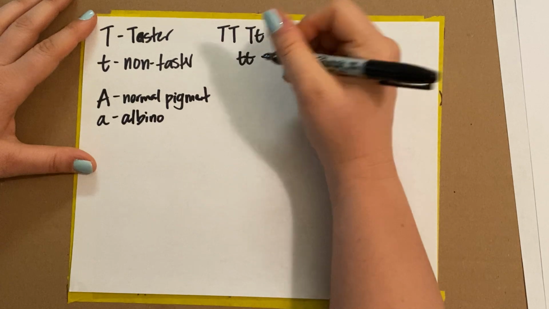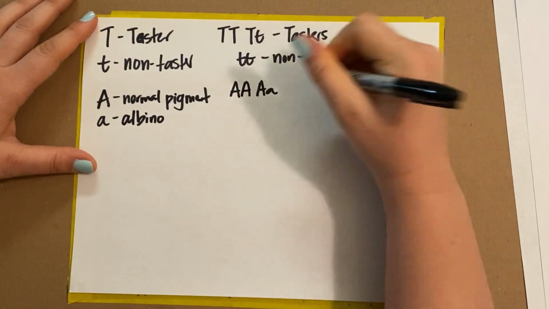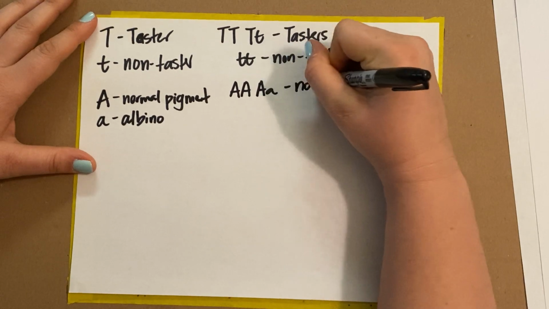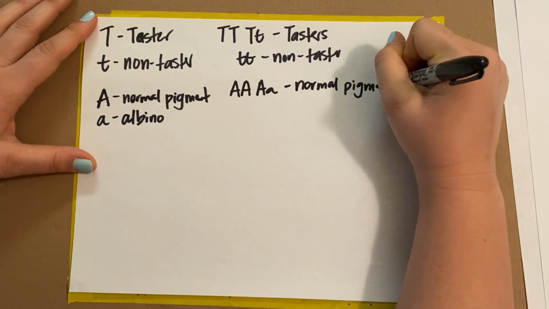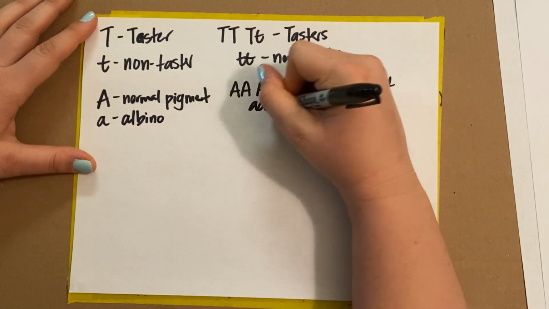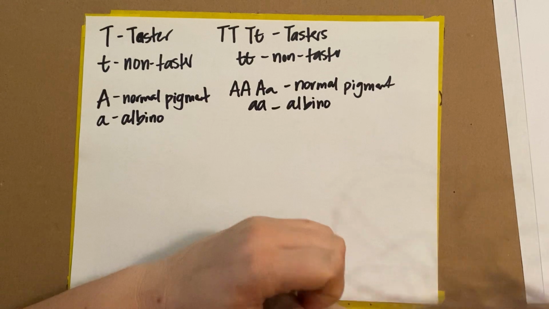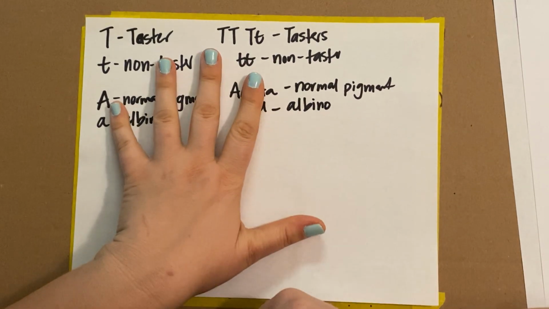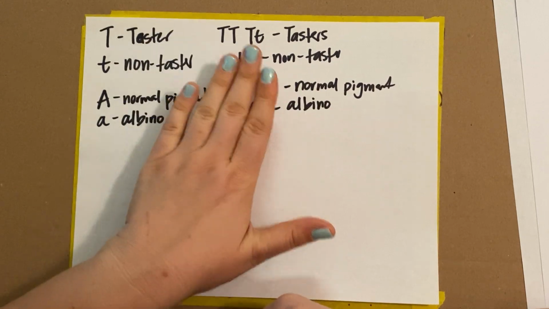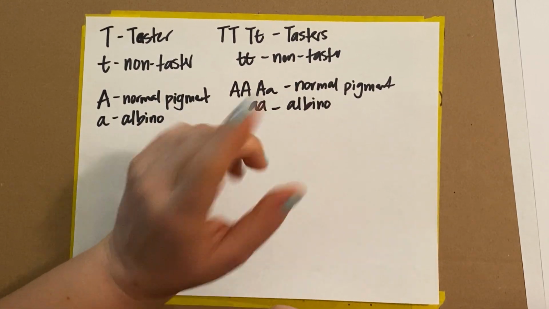Okay, and this is a normal dominant trait, so it's big A, and big A, little a will be kind of normal pigment. And little a is going to be albino. Okay, so I always like to do this first to figure out what's going on, okay?